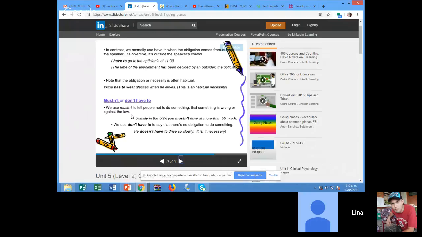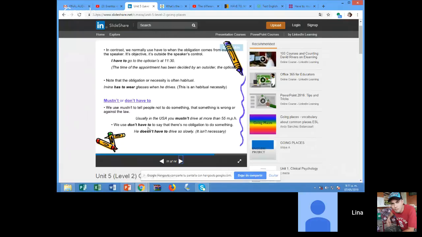Here we have the mustn't. We use must not to tell people not to do something, that something is wrong or against the law. The mustn't we usually use when something is something that we cannot do. For example, usually in the United States, you mustn't drive at more than 55 mph.